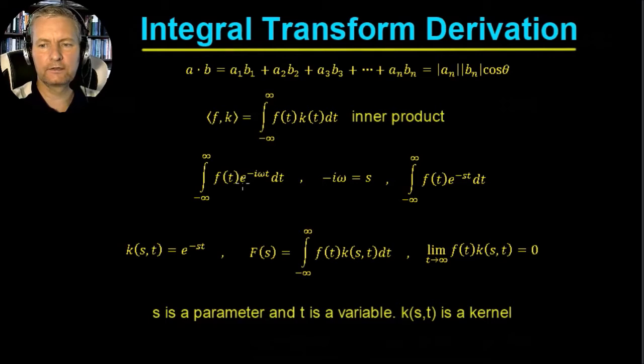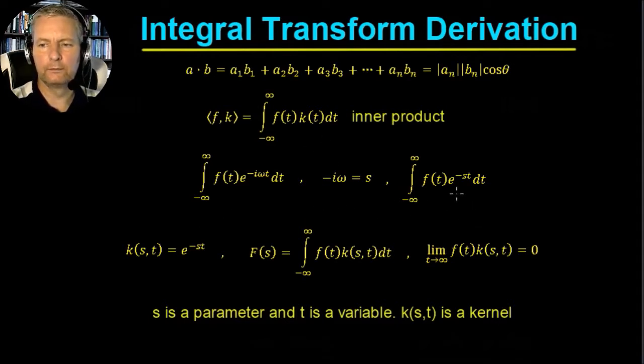So let's say, for instance, for the moment we just replace this minus i omega with a value of s. So we would have this integral from minus infinity to infinity of f of t e to the minus st by dt. Now, let's remember that I'm just doing this in order to get this into a kind of general form for us to deal with.